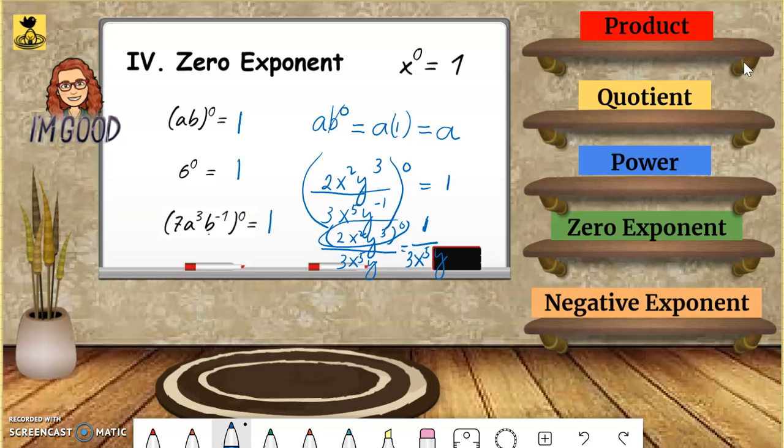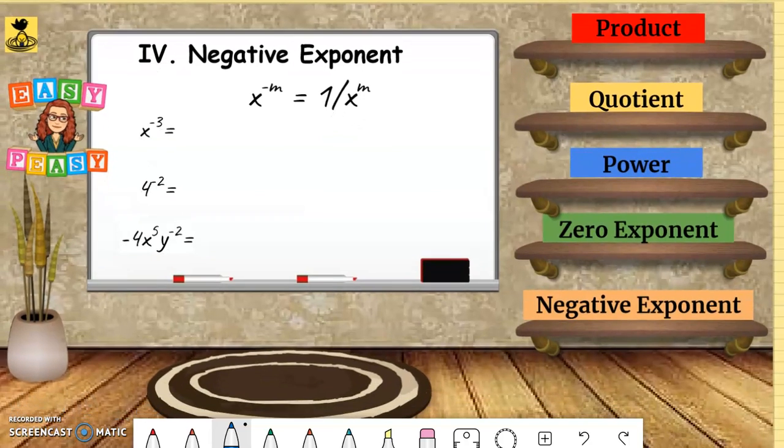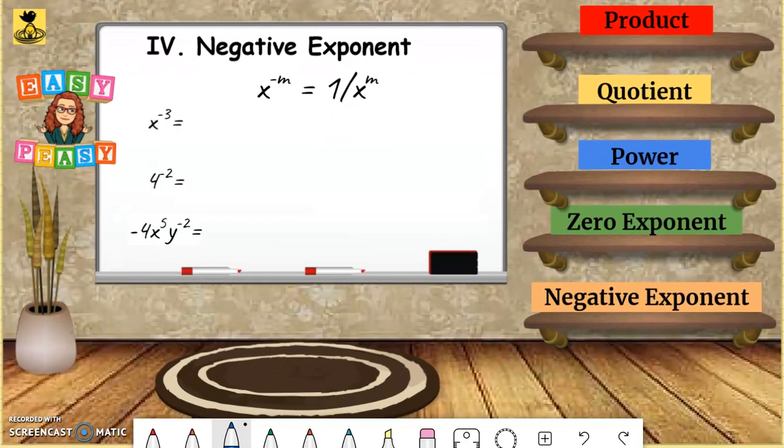Right. Now let's go to the next law, the negative exponent. So the negative exponent states that an expression x to the power of negative m is equal to 1 over x to the power of m. So take note, we're talking here about the reciprocal. I hope you still remember what a reciprocal is.